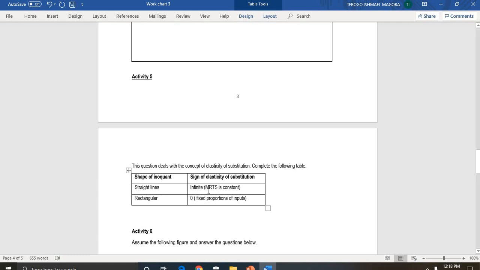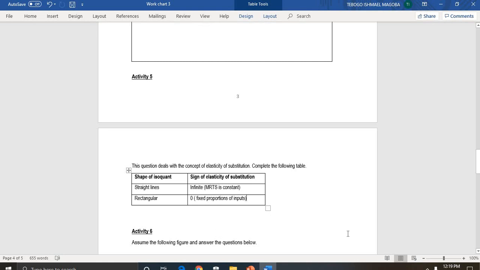So the first one was infinite because your marginal rate of substitution is constant. Yes, you are substituting between capital and labor, but constantly. It doesn't switch. If this was a curve, it would have changed, right? Because on a curve, the slope, or the marginal rate of technical substitution, is different at each point.